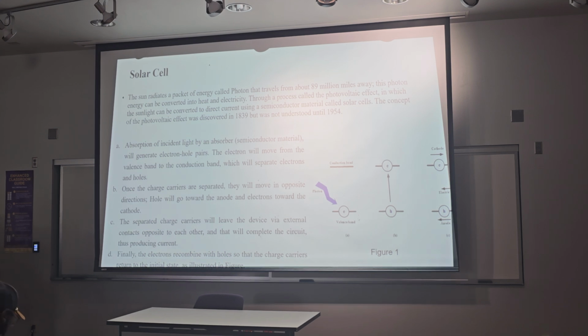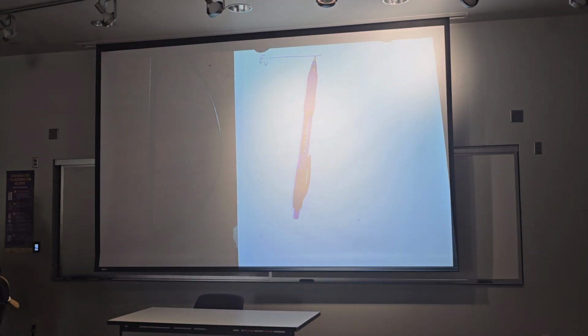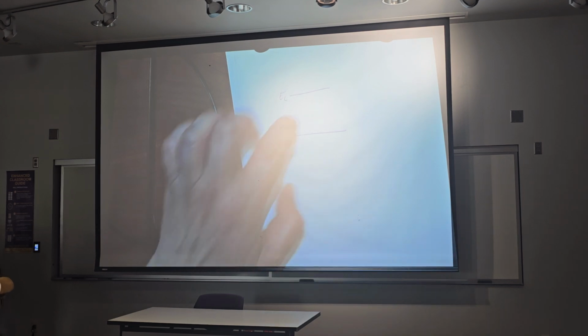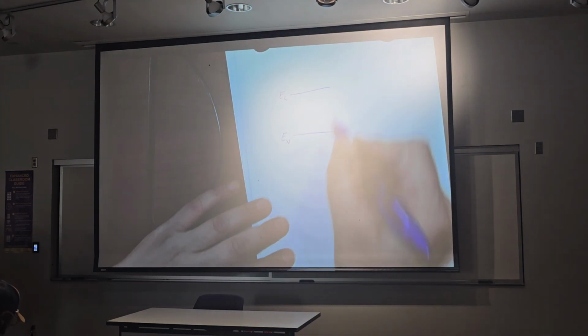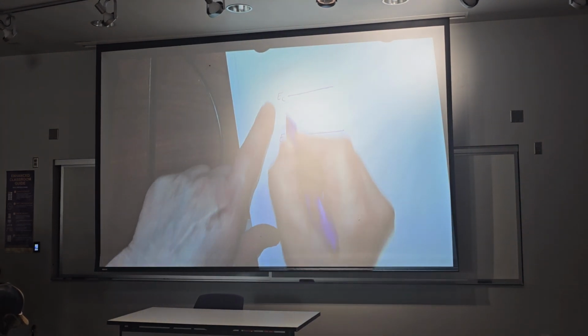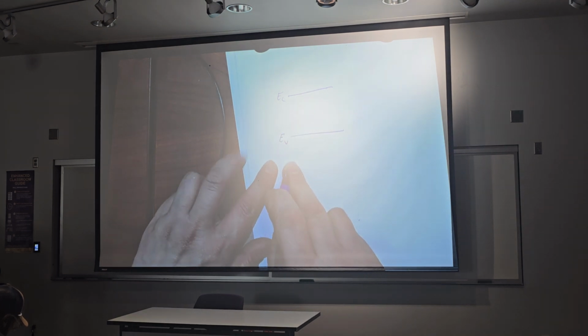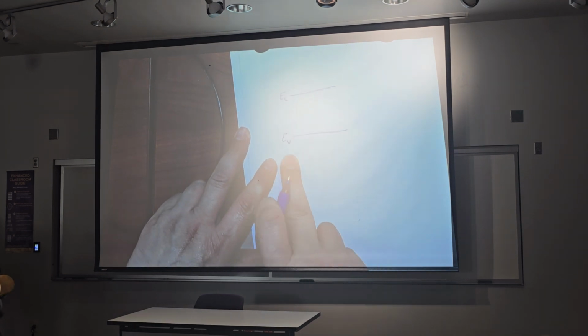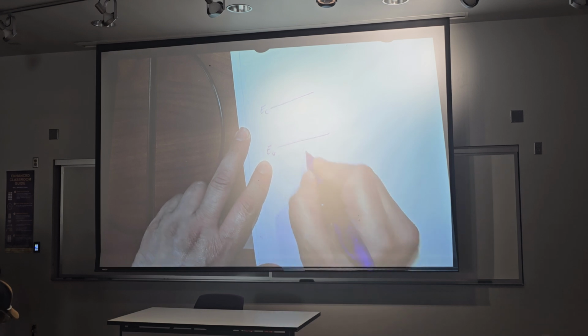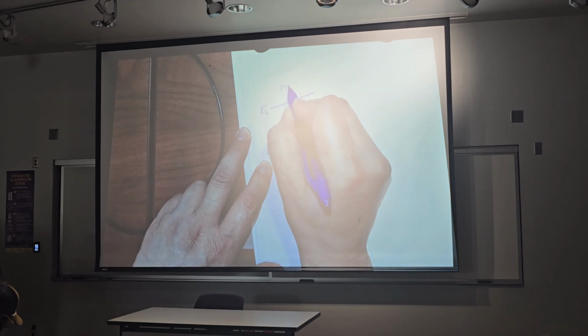What is the value of the band gap? Okay, sorry, I will change. See here, we have EV and EC. EV is the energy at the valence band, and this is the conduction band.